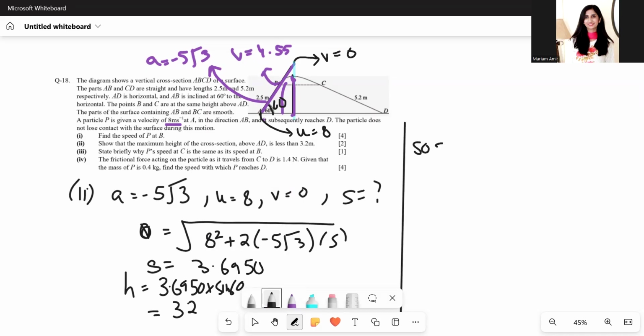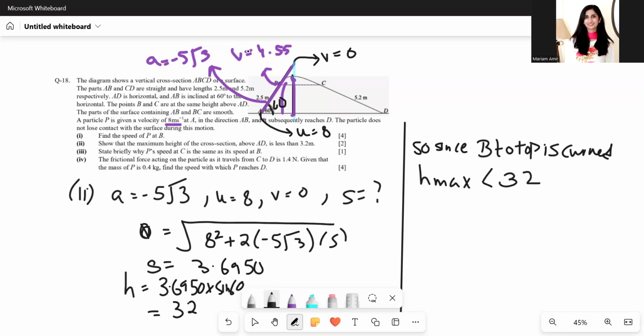So since B to top is curved, H max is going to be less than 3.2 meters, because we had assumed a straight line, and if this graph was a straight line graph, then we would get 3.2 as the maximum perpendicular height.